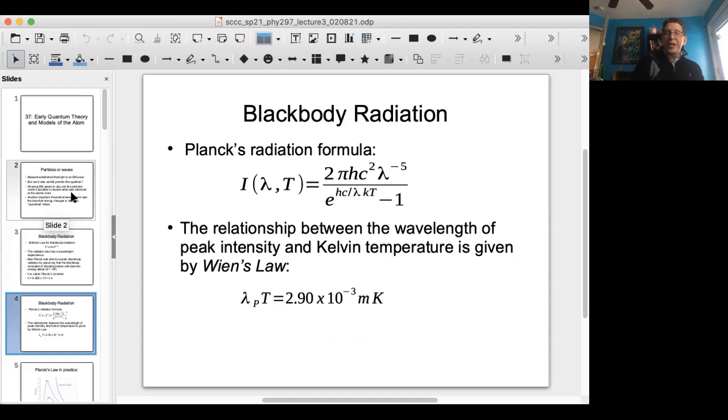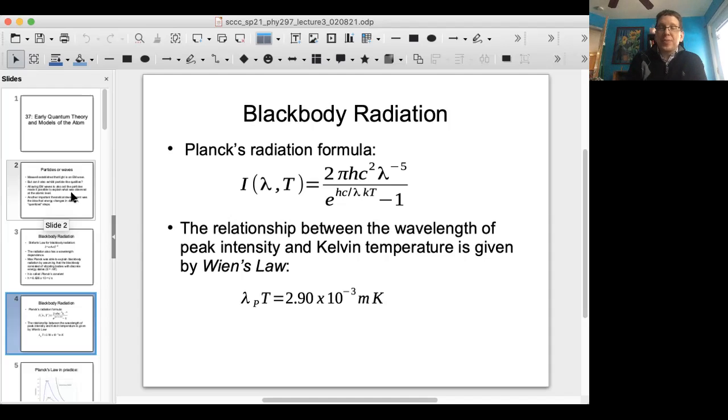The one thing we're going to focus on here is the relationship between the wavelength of peak intensity. Now, this is assuming you're expressing the intensity in terms of watts per square meter per nanometer of wavelength. It's possible to express it in terms of watts per square meter per inverse wavelength, or watts per square meter per hertz of frequency.